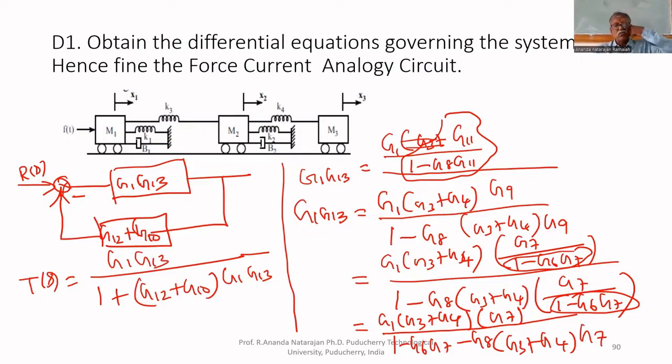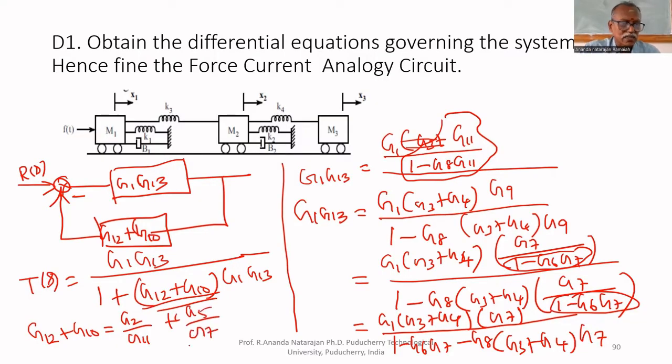The numerator part we got now. The denominator part we have to find. The denominator part is G12 plus G10. G12 equals G2 by G11, and G10 equals G5 by G7. So G2 by G11 plus G5 by G7, where G11 equals G3 plus G4 multiplied by G9.